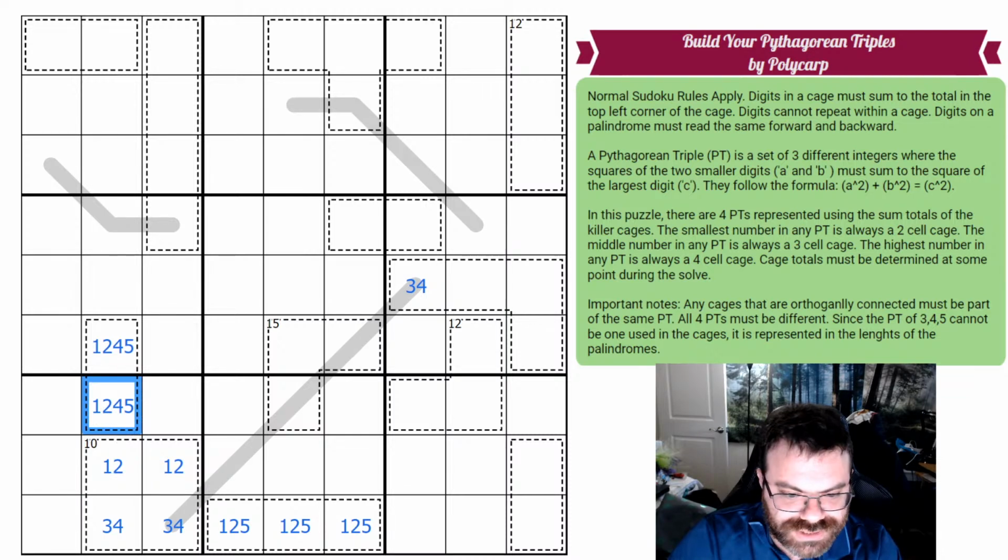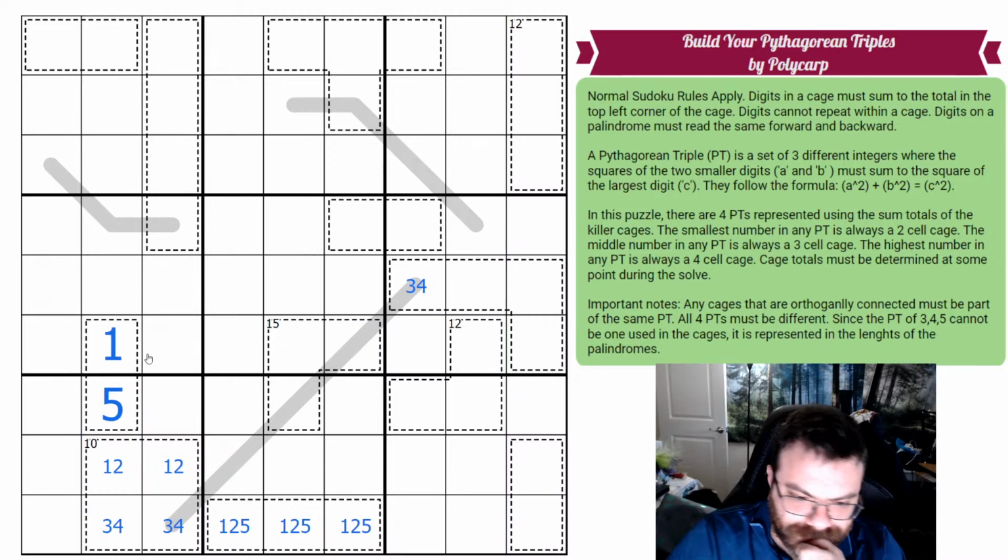Oh yeah, there's a 1, 2 pair in the... Oh, there's a 1, 2 and a 3, 4 pair. Right, so this is 5, 1. 5, 12, 13. Okay.